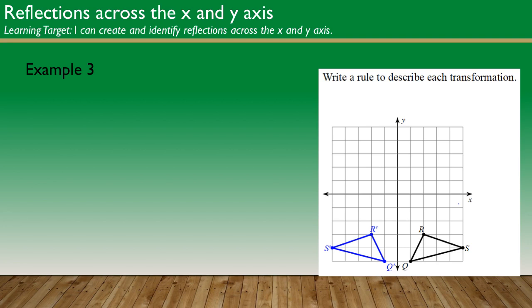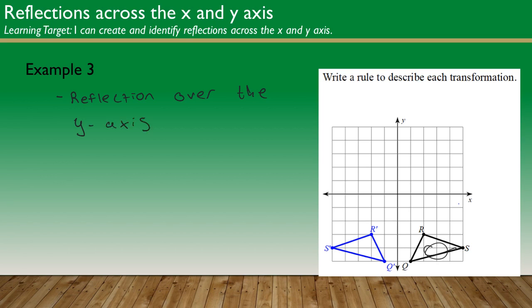Here's another example. It says write a rule to describe each transformation. We see that this right here is our original, and this is our reflection. So this thing is being reflected over the y-axis. In words, I can say it's a reflection over the y-axis.